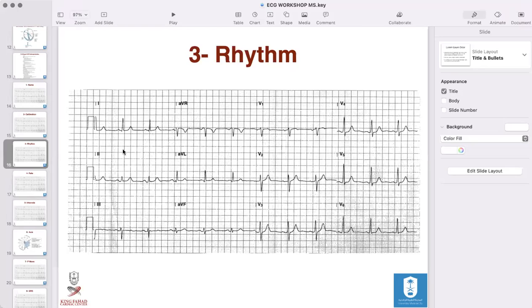Here it's upright. Here it's upright. And here it's upright. Then good. And the PR is not short nor prolonged. The definition we're going to talk about in the intervals. Then that's the case where you can call it sinus rhythm.